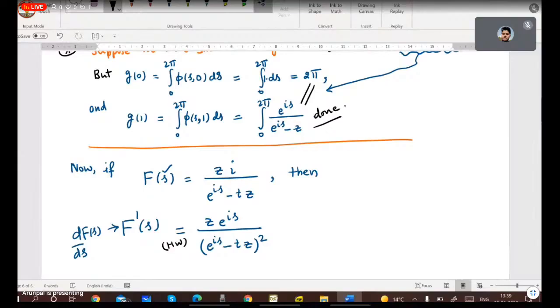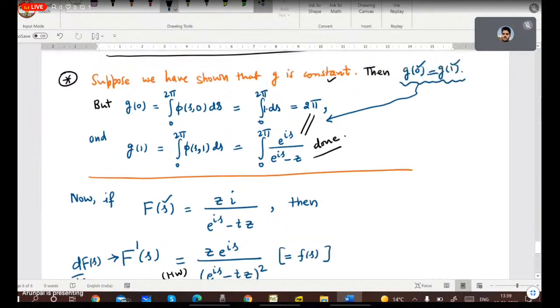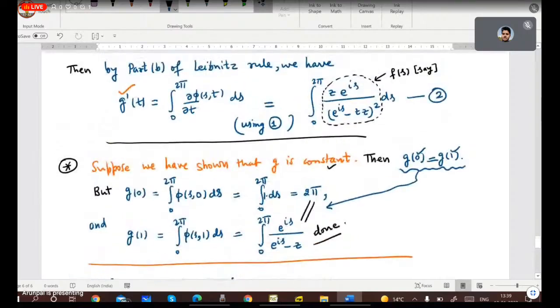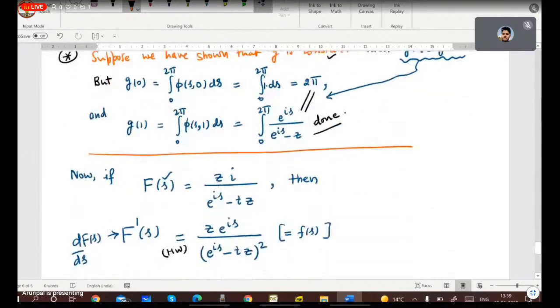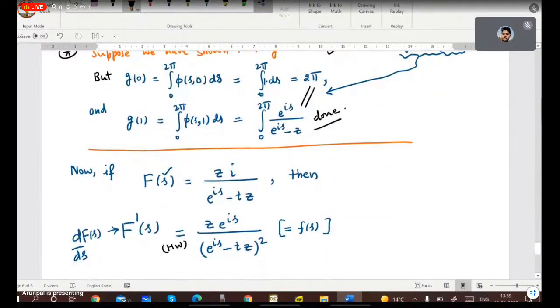And class, if you notice, this is nothing but what? F of s. You just notice, this is nothing but small f of s. Right, class? Is this okay, class?